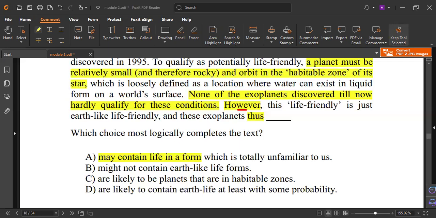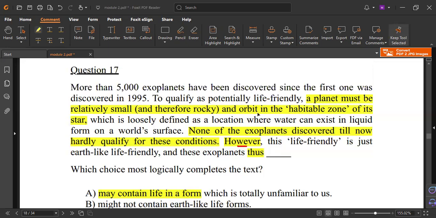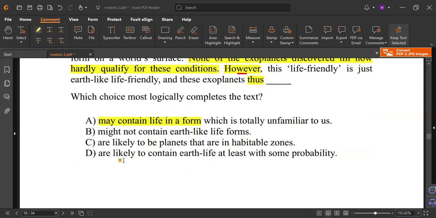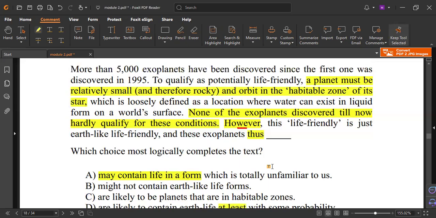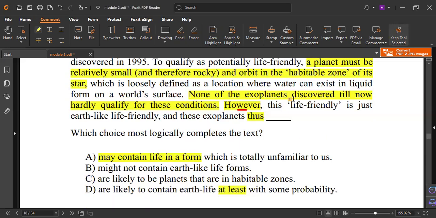Let's see something opposite. What is the second sentence? To qualify as potentially life friendly, it must be in the habitable zone, which is defined as a location where water can exist in liquid form on the world's surface. Look, the exoplanets are likely to contain Earth's life at least with some probability. He mentioned something opposite. He didn't mention that in the text.